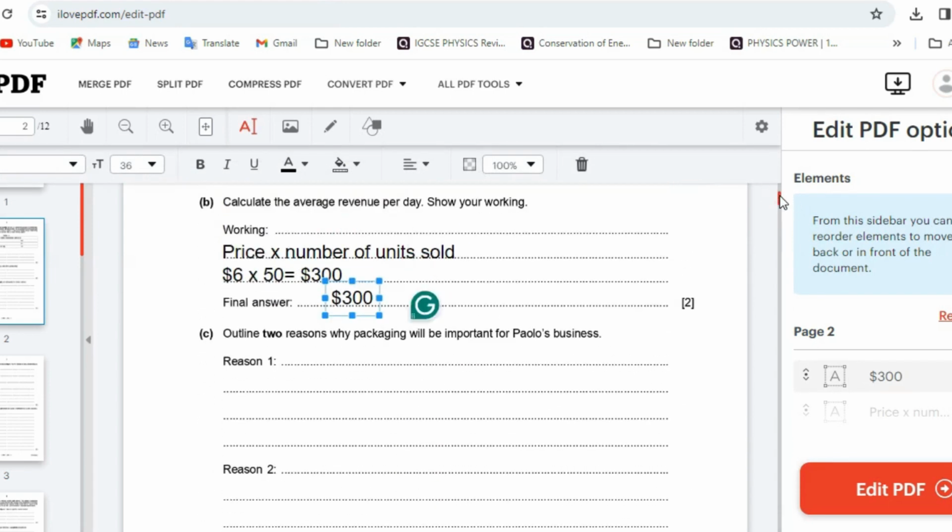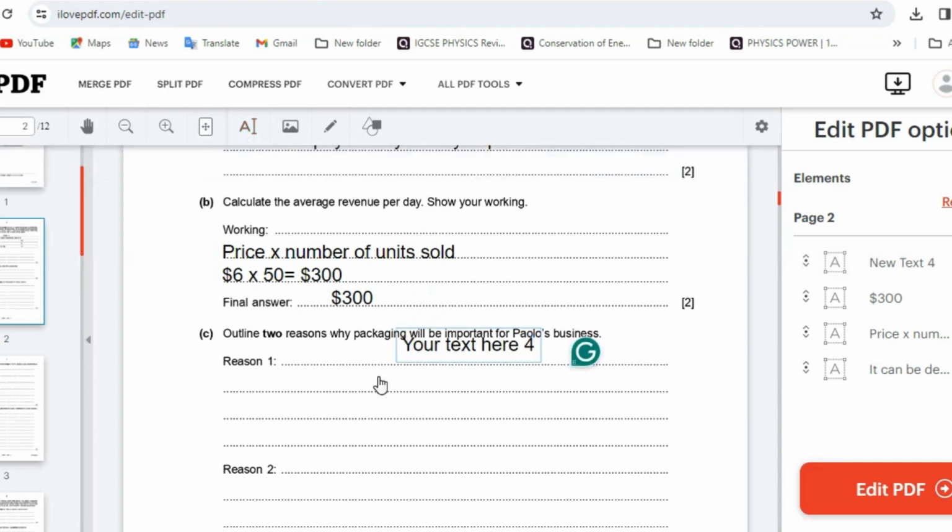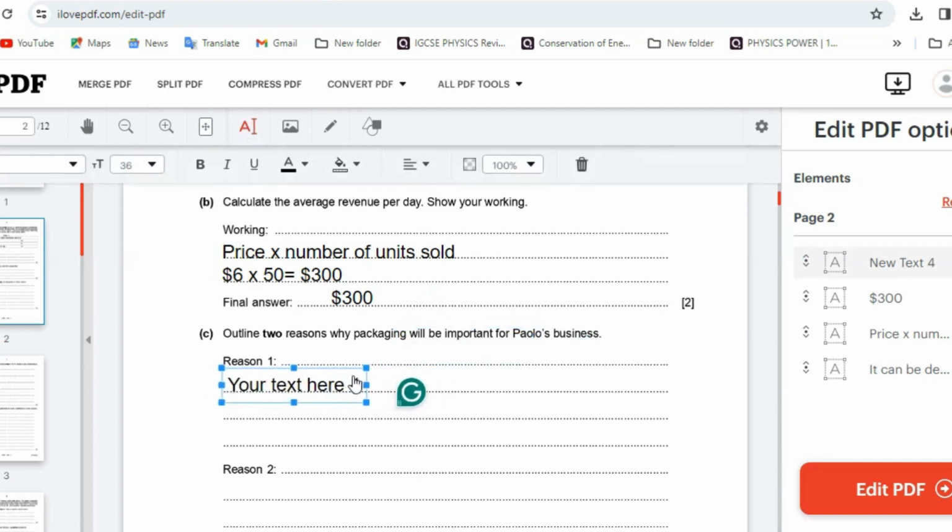Question 1c. Outline two reasons why packaging will be important for Paulo's business. Why do you think packaging will be important to Paulo when running his business? Packaging could protect the product. That's the first point.